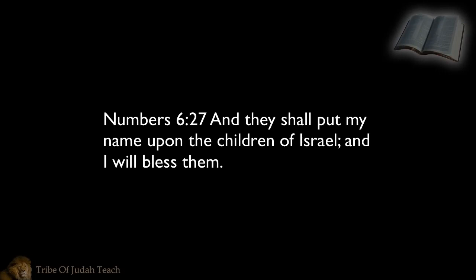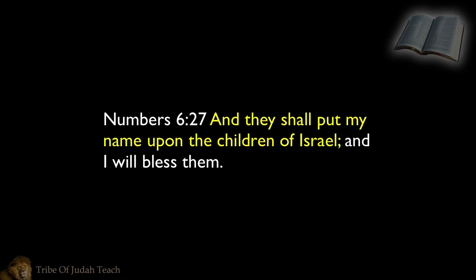Notice what the next verse says. Verse 27, "And they," the priests, "shall put my name upon the children of Israel, and I will bless them." What does that mean? How did the priests put the name of the Most High on the children of Israel? In other words, when the priests prayed this prayer over the Israelites, they were marking the Israelites as the Most High's people.